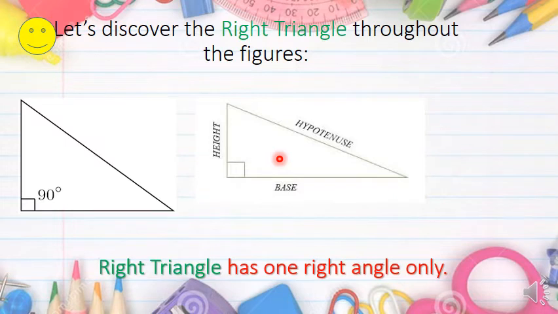The longest side, which is opposite to the right angle, is called the hypotenuse. So a right triangle has one right angle.